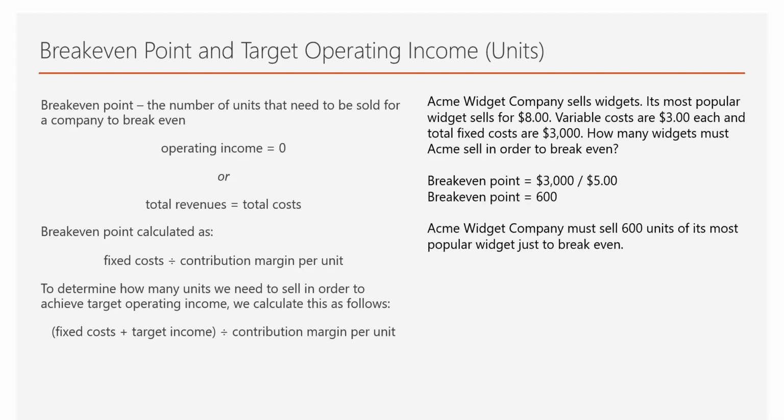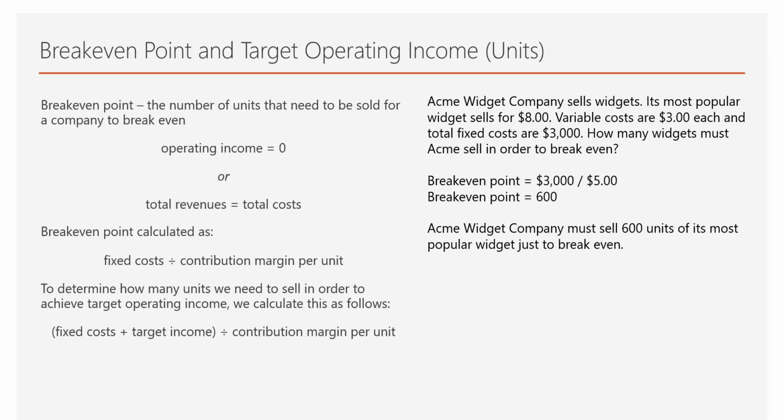So let's take a look here. I'm going to use that break-even point, the first formula we did, fixed costs divided by my contribution margin per unit. So my fixed costs are $3,000. I'm going to divide that by $5 per unit of my contribution margin, and my break-even point is 600 units.